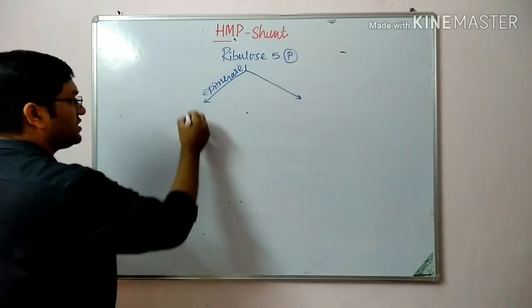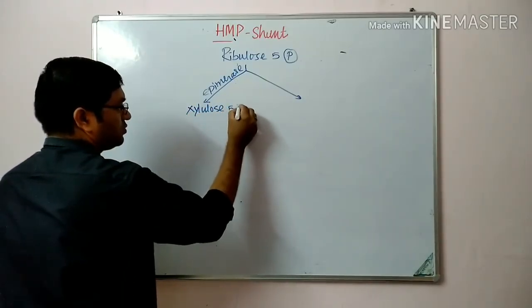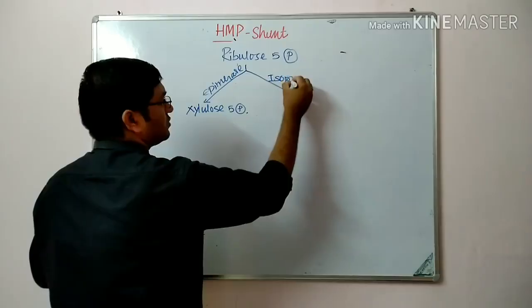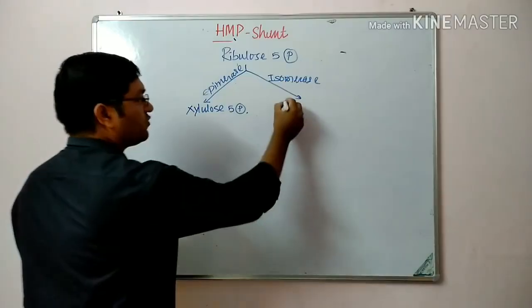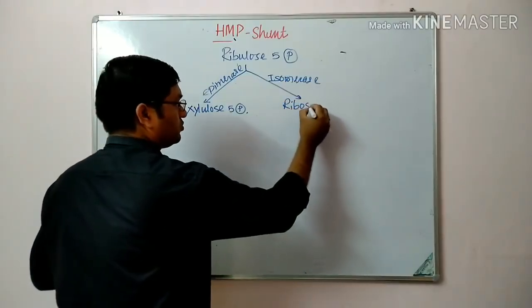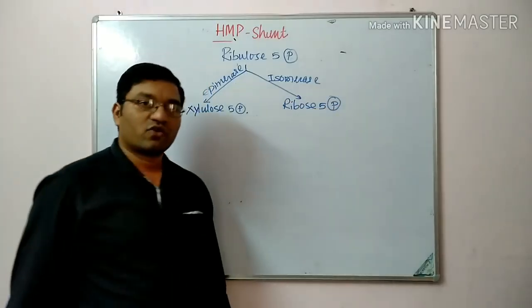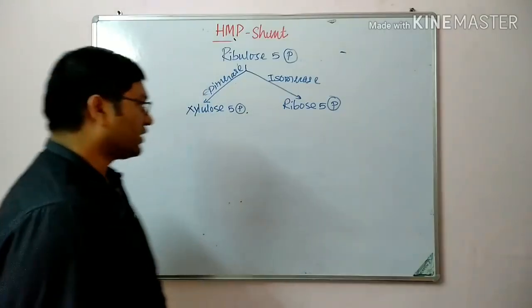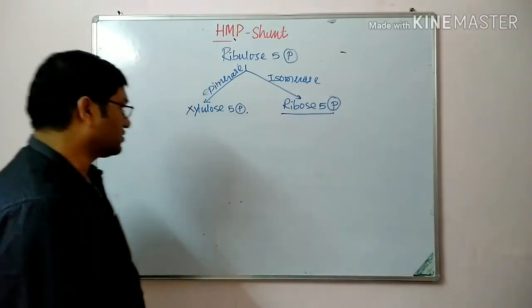It gives xylulose 5-phosphate, and on isomerization, with the help of isomerase, it gives ribose 5-phosphate. This ribose 5-phosphate is a precursor for nucleotide synthesis, that is inosine monophosphate, which gives nucleotides. So it is important in DNA and RNA synthesis.